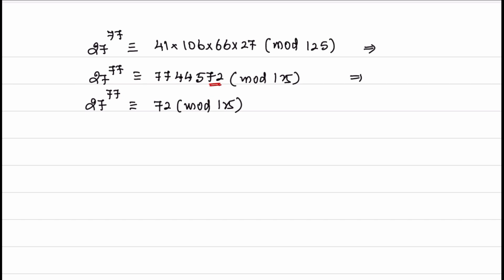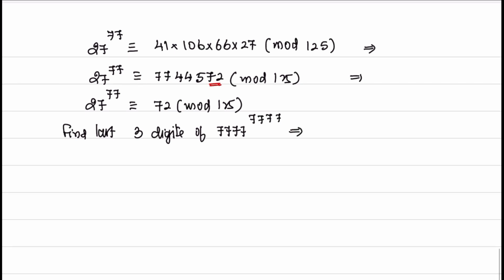Now, what should be our ultimate goal to find out? Find the last 3 digits of 7777 to the power of 7777.